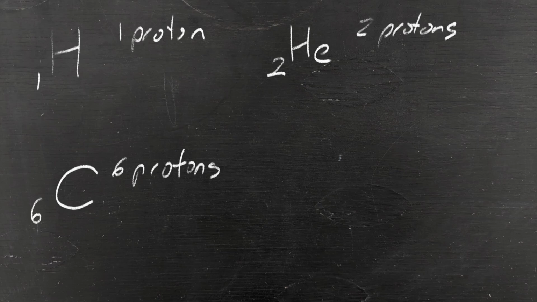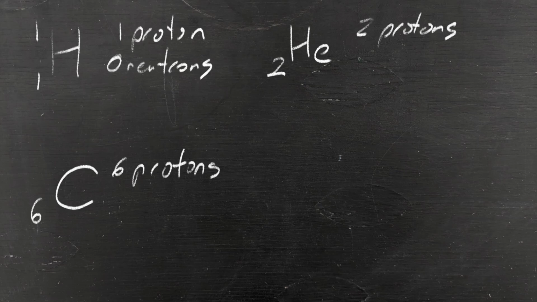Neutrons are also found in the nucleus, and by adding the number of protons and neutrons together, we find the atomic mass number. The most common form of hydrogen actually has 0 neutrons, so its atomic mass number is still 1.